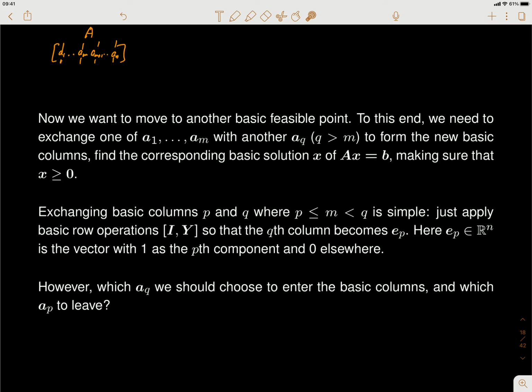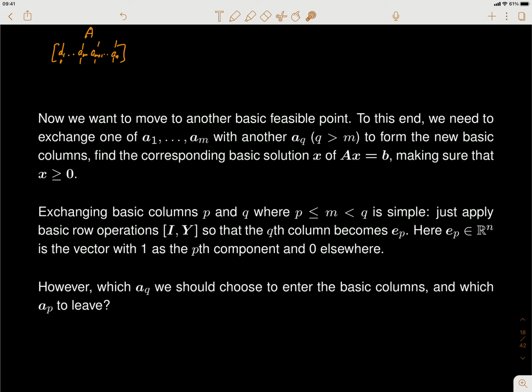As you can see, the question is how do we replace one of these basic columns by one of the columns here. Suppose we decide to exchange the pth column, one of these columns, by the qth column here, where q is one of these columns. If we decide to go for that, then we are essentially just changing the current matrix, which is modified into this form.